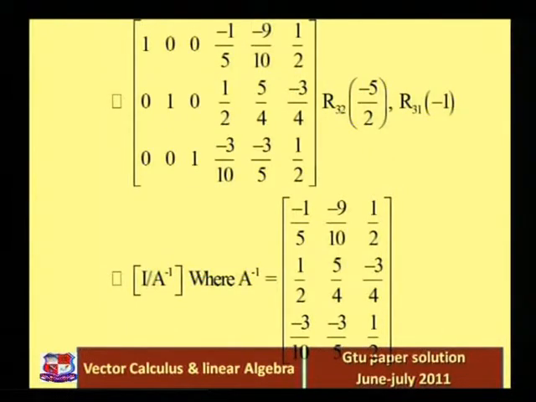So normally in the GTU question paper, 3 cross 3 matrices are usually used. So this is the first question, the inverse of the given matrix, which we solved.